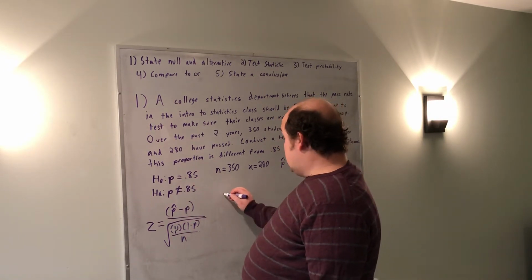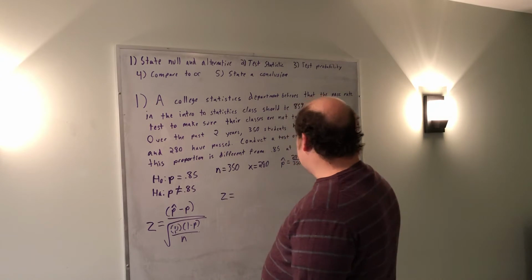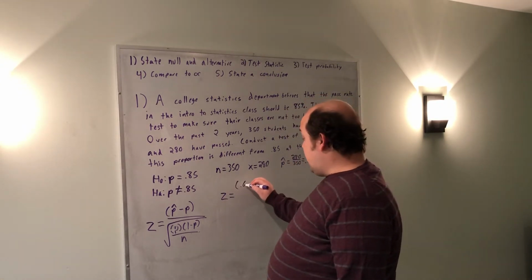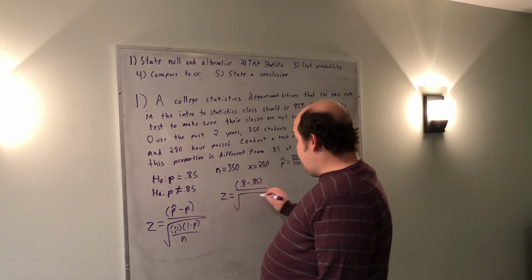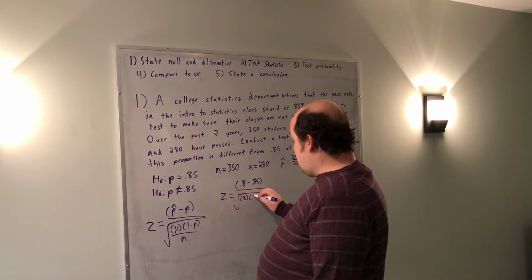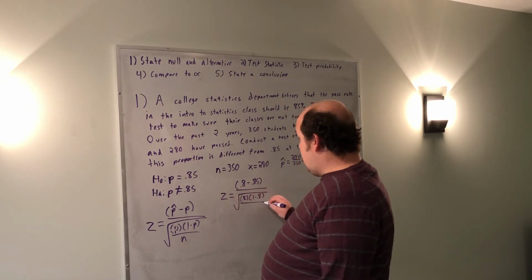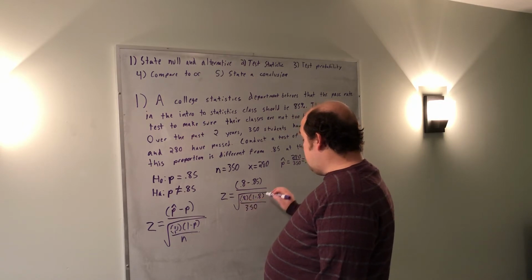So here my test statistic becomes z equals 0.8 minus 0.85 divided by the root of 0.8 times 1 minus 0.8 over 350.